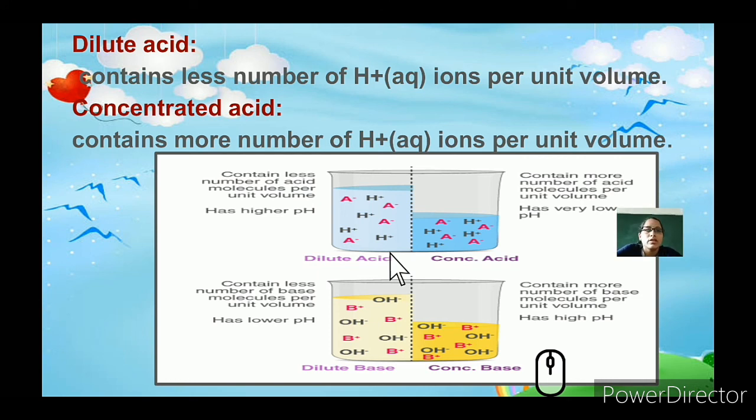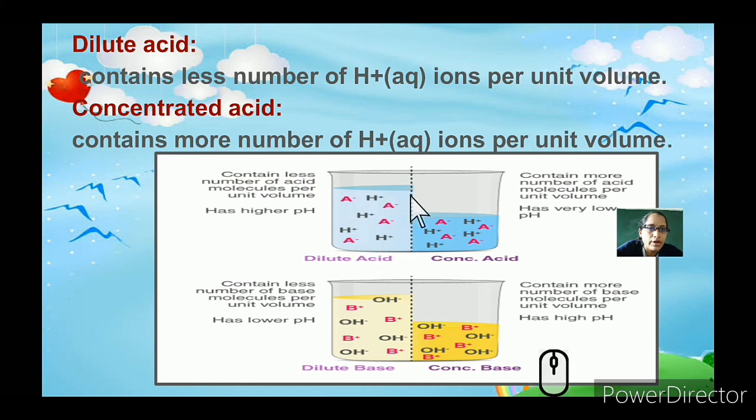Whether it is a dilute acid or a concentrated acid, there is only a slight difference: when there are fewer hydrogen ions in water, that is an aqueous solution, you can say it is a dilute acid. When there are more hydrogen ions per unit volume of water, you can say that it is a concentrated acid.